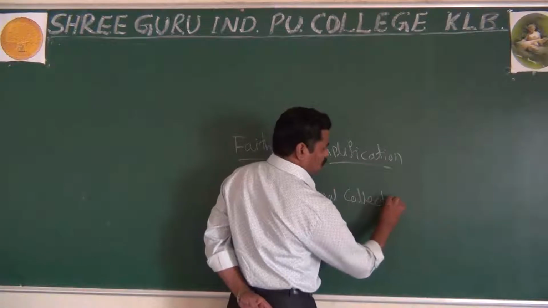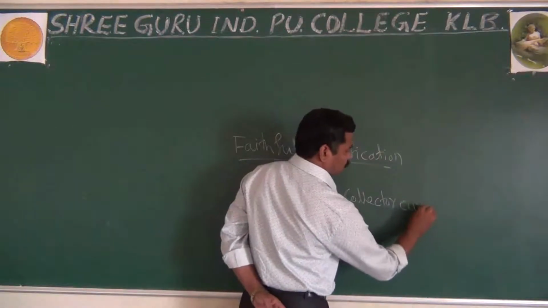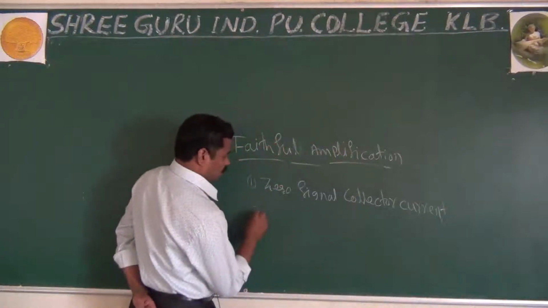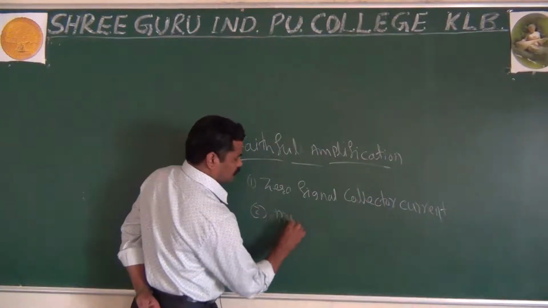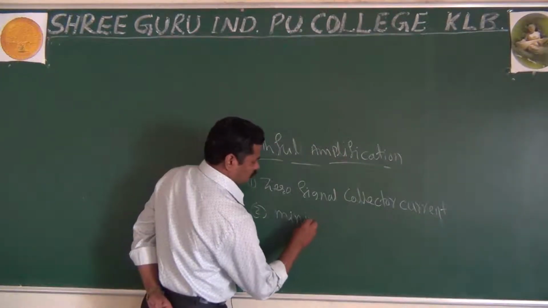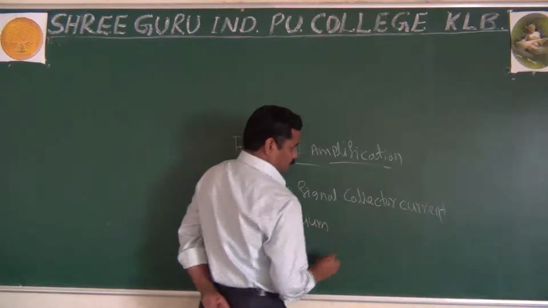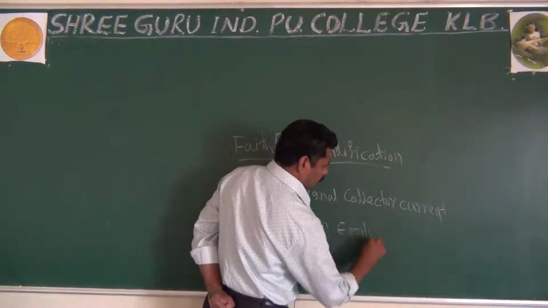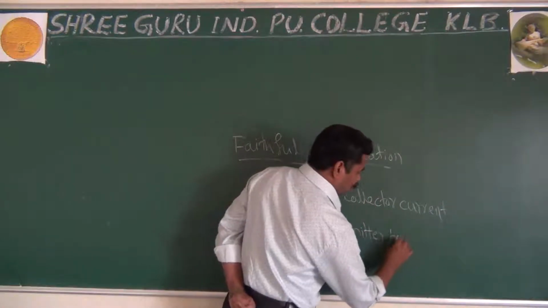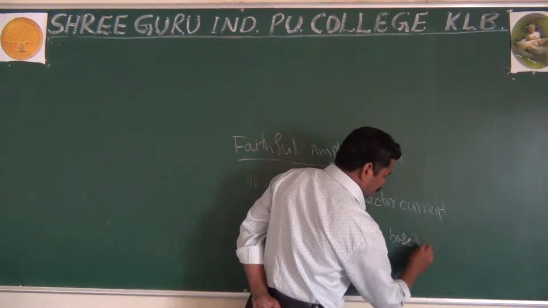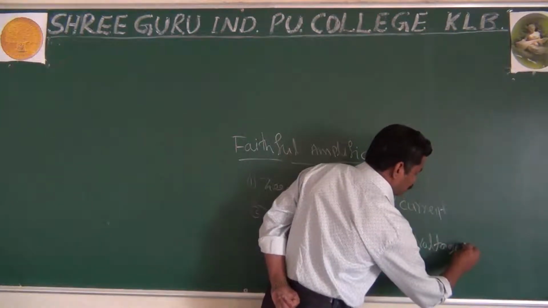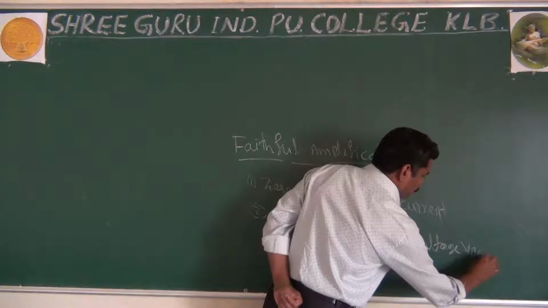The second is that we want minimum emitter-base voltage, that is, at any instant we want minimum VBE.